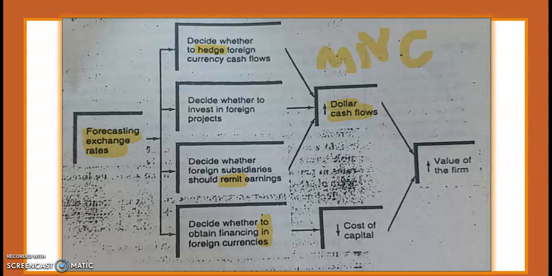So you will decrease the cost of capital, and by doing so you will definitely increase the value of the firm, which will be due to the increase in cash flows and decrease in the cost of capital.